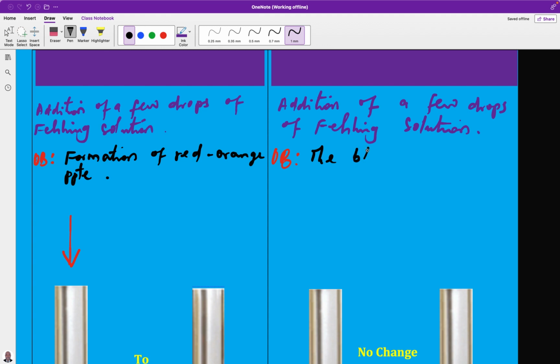The blue color doesn't change, implying no reaction.